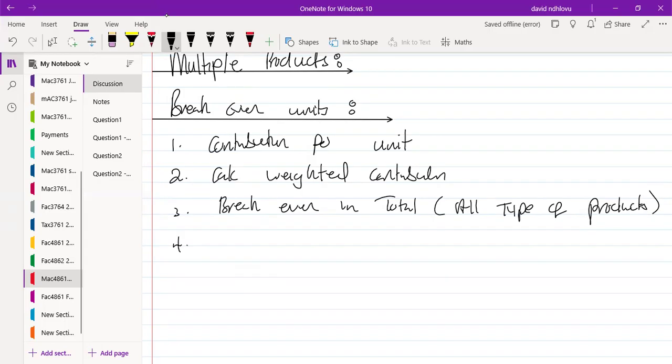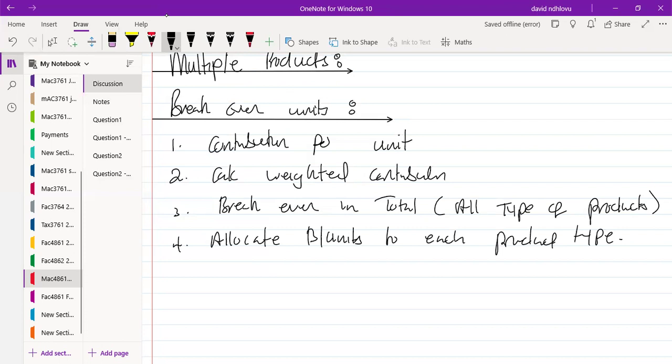Then finally, you allocate break-even units to each product type. So this is what we do if we've got multiple products.